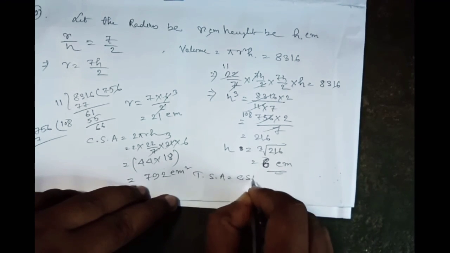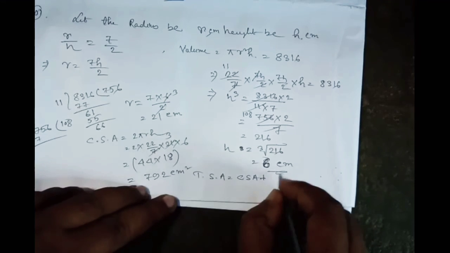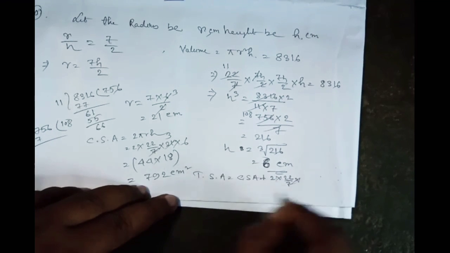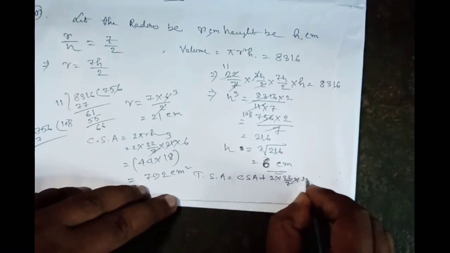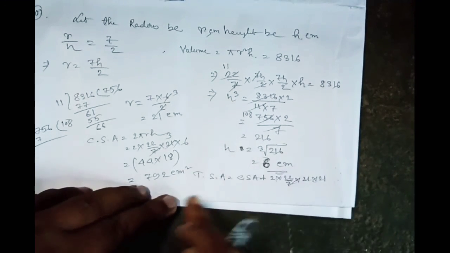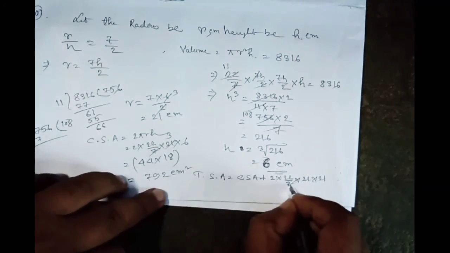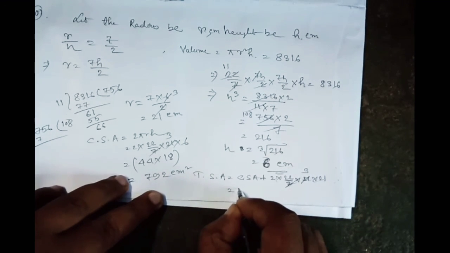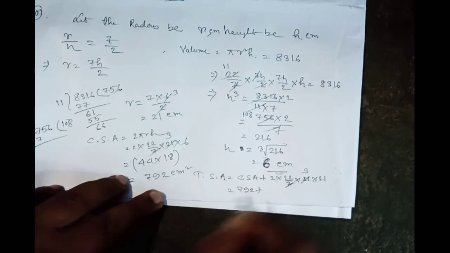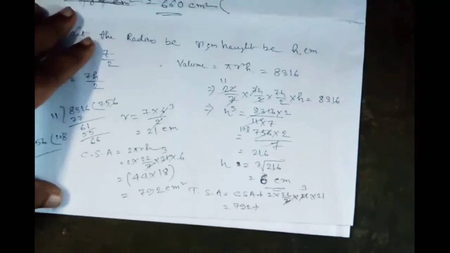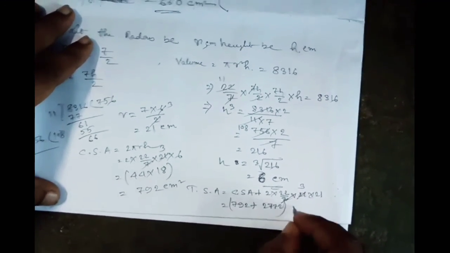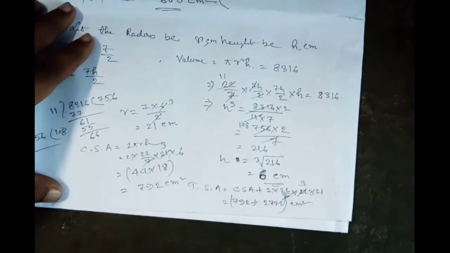Okay, and the total surface area, that's equal to CSA, curved surface area, plus 2 pi r square. Okay, so that means 792 plus, so this is 2772 centimeter square.